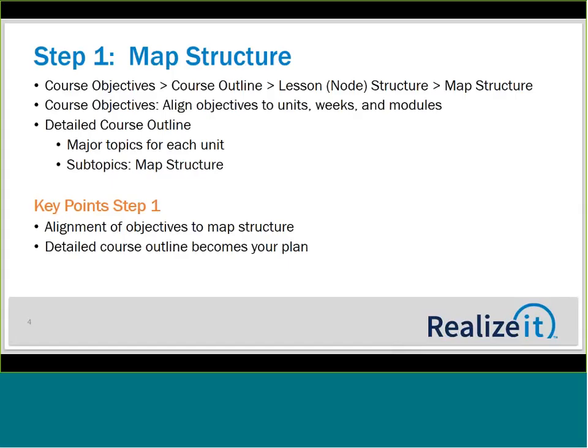You want to use the existing content as much as possible. You want to use the existing structure as much as possible. And the key points from step one are the alignment of the objectives in those units and the detailed course outline, because the detailed course outline actually becomes your plan or your map. Those are the key points for step one.